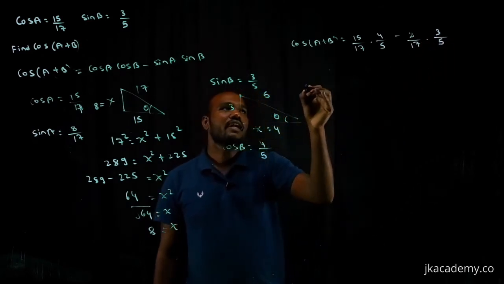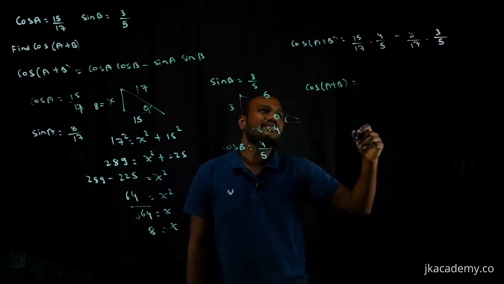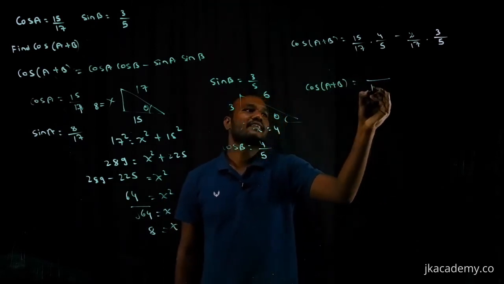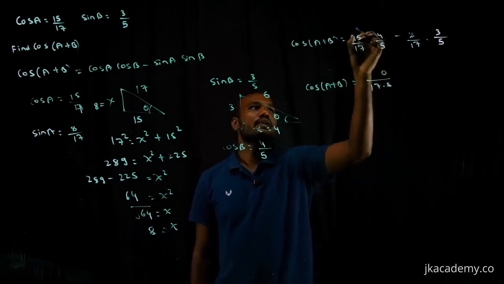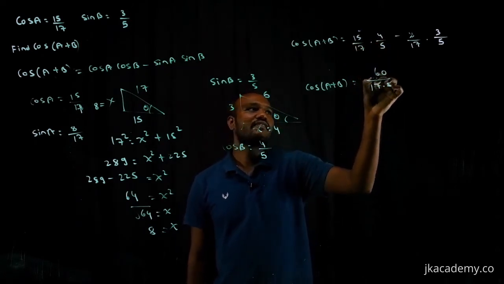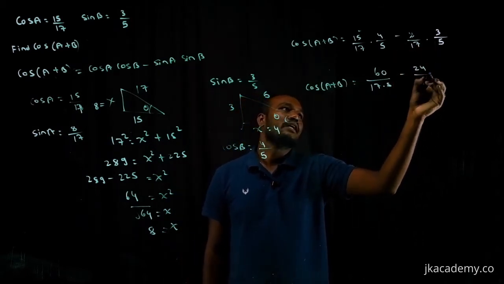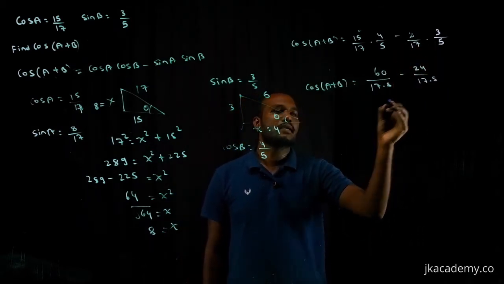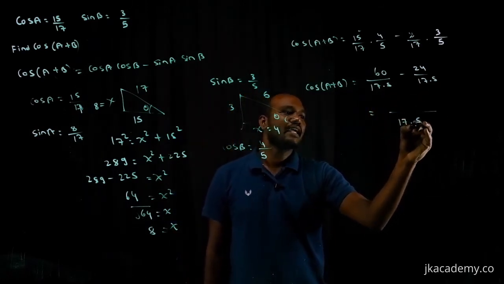If I solve this, cos of A plus B is equal to, I can keep the denominator as it is, 17 times 5. 15 times 4 is 60. So 60 minus 8 times 3, which is 24, divided by 17 times 5. I'll keep it as it is because the denominator is the same.